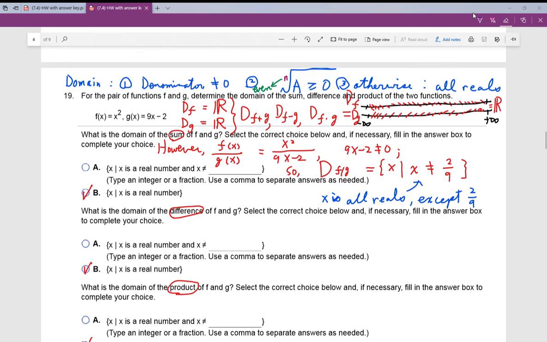If you have a function whose domain is this big, and the other function's domain is only from here, then if you operate these two functions together, the new domain is only from here to there. Make sense? That's the new domain.